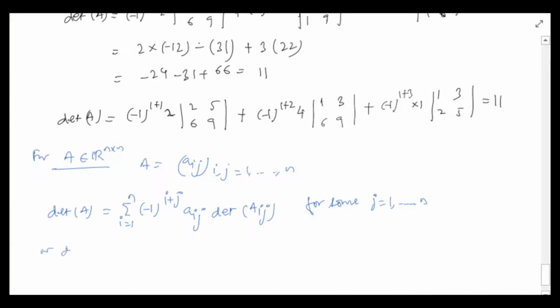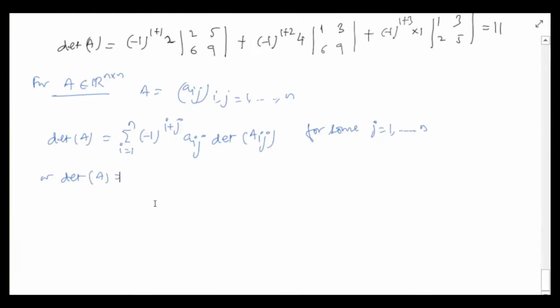Similarly, I could write determinant of A by expanding along say ith row, in which case I'll get the sum over j equals 1 to n of minus 1 raised to i plus j Aij, times determinant of Aij, where again Aij is the submatrix that is obtained by deleting ith row and jth column. So I could do it by expanding along any of the rows.